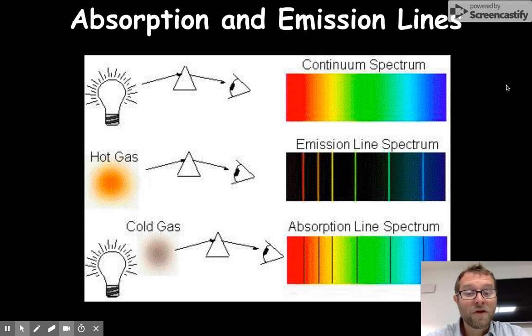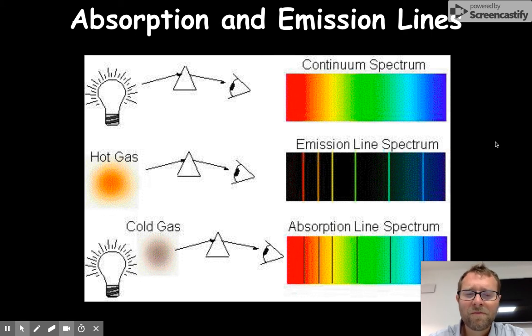If this was a cold gas and we had some white light behind it, we'd see absorption line spectra. And you see those lines are in the same place. So that means that when it's hot, it seems to emit light at certain wavelengths, and a cold gas seems to absorb lines at certain wavelengths. But again, they're matched up, so it's very much dependent on the type of gas.